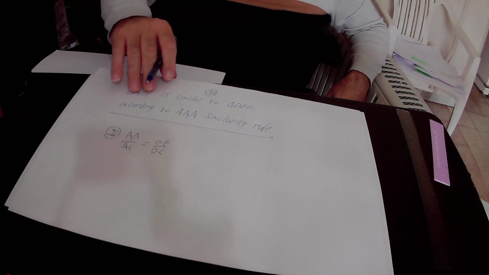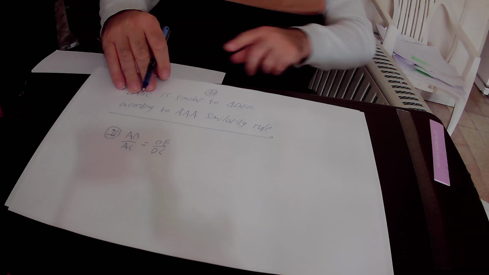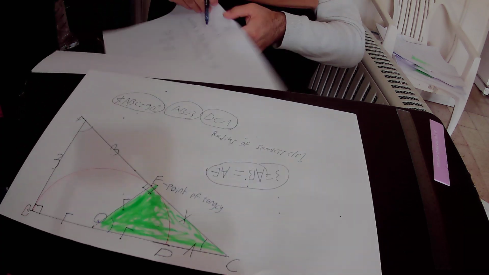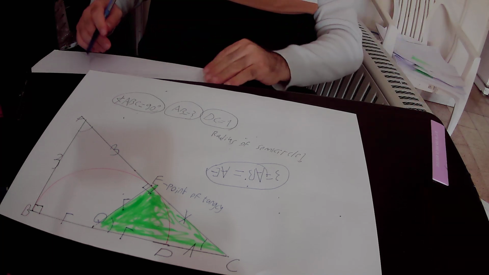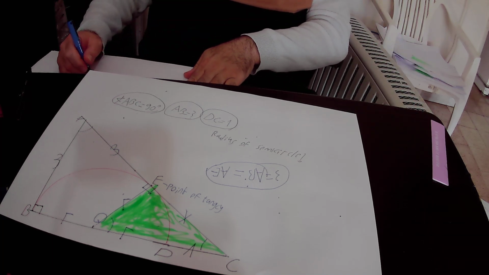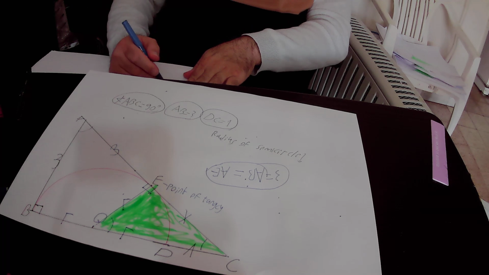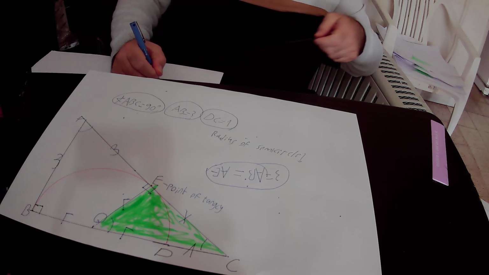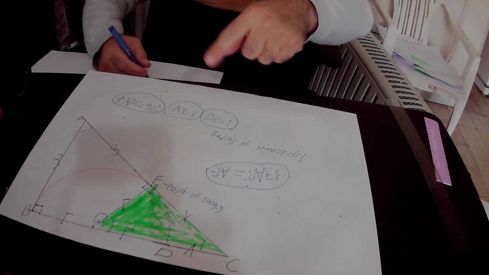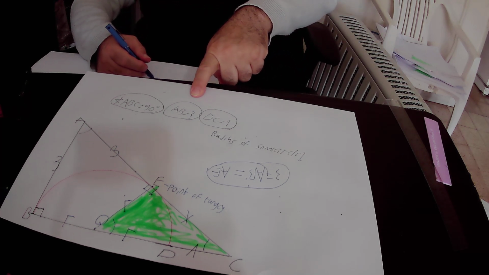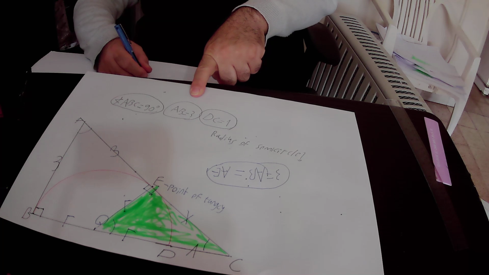Okay, but what is the value of AB? The value of AB, according to what is given in the question, equals 3 units. So AB equals 3.